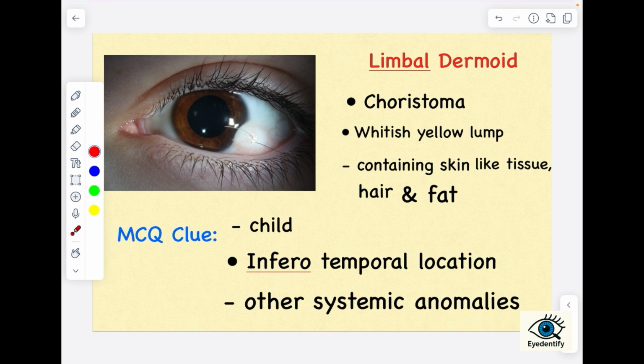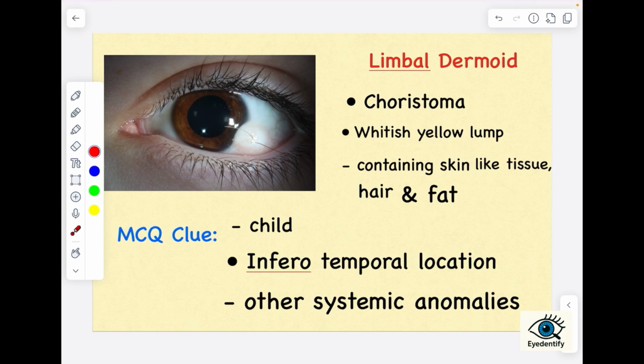So it is called a choristoma. It is a whitish-yellowish lump. The MCQ clue will be a younger age, a child. The location will be inferotemporal. As we can see, this is nasal, this is temporal, and this is inferotemporal.